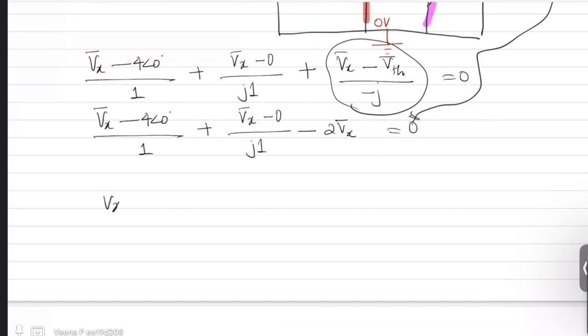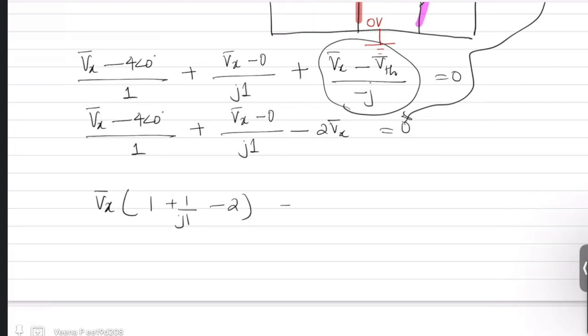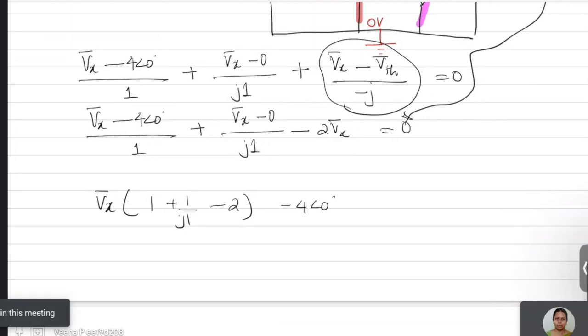So you can take Vx outside. So Vx times 1 plus 1 by J1 minus 2, minus 4 angle 0, is equal to 0.